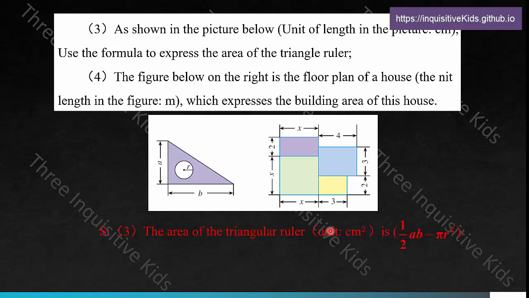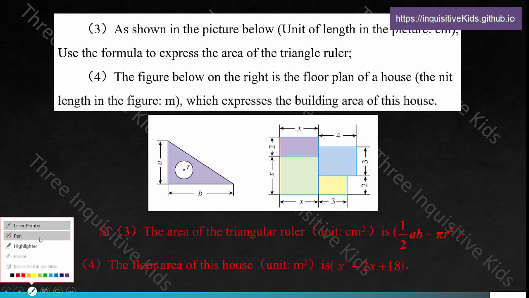The figure below on the right is the floor plan of a house. Use an algebraic formula to express the whole area of this house, just looking from the top. So really all we have to do here is figure out the area of each of these small portions of the house and then add them together, which would give us x squared plus 2x plus 18.